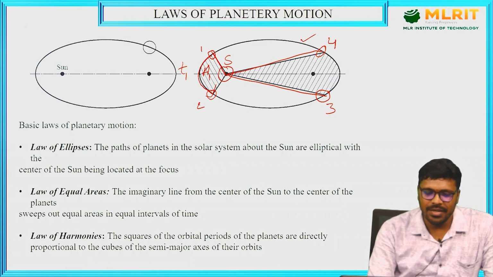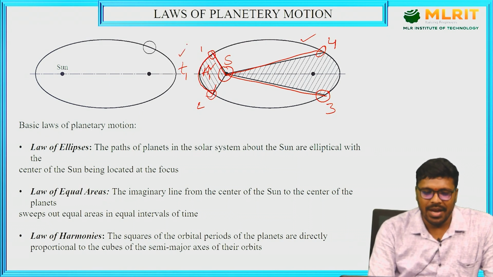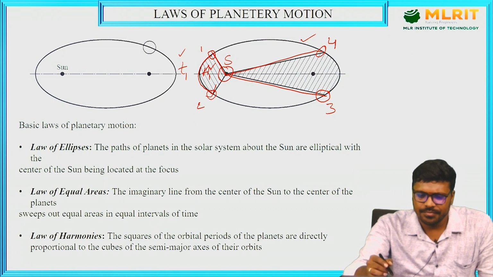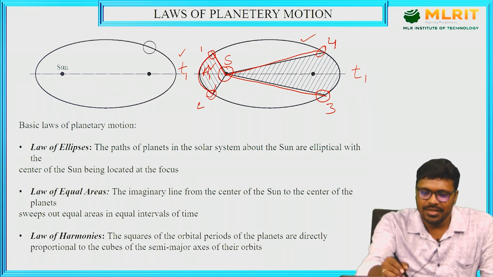The line joined from the center of the sun to the center of the planet sweeps an area A1, and the time taken for the planet to move from position 1 to 2 is T1. Let us say the planet moves from 3 to 4 during a time of T1 seconds, then this area will also be equal to A1.